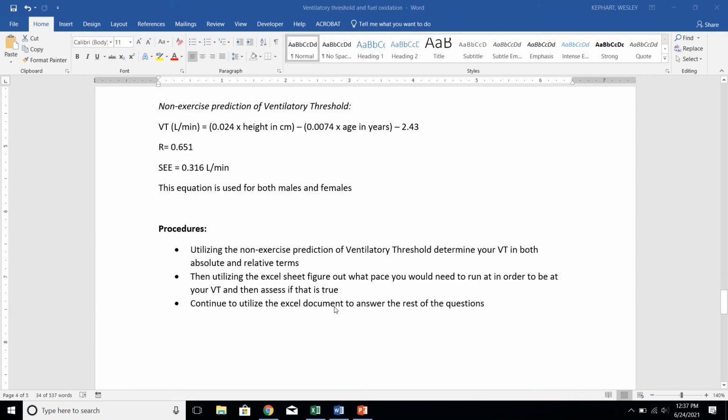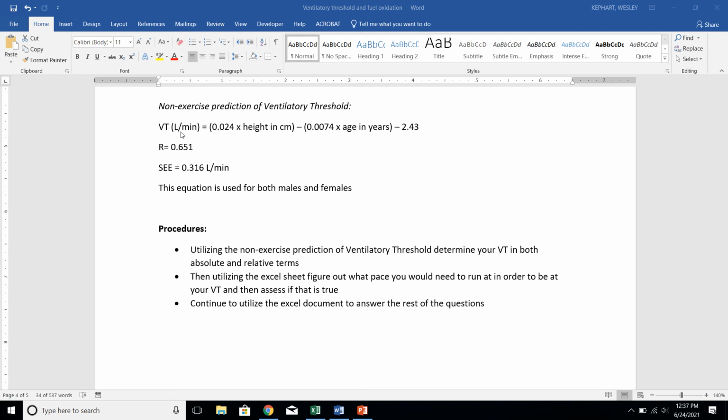Then after that, what I want you to do would be utilizing the Excel sheet, figure out what speed you need to run in order to reach your ventilatory threshold, and then you're going to need to try to maintain that for 3 minutes or so.